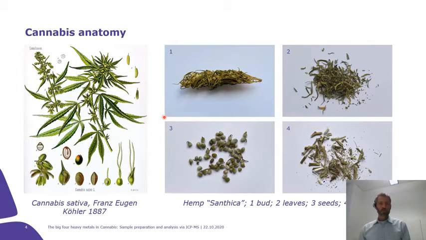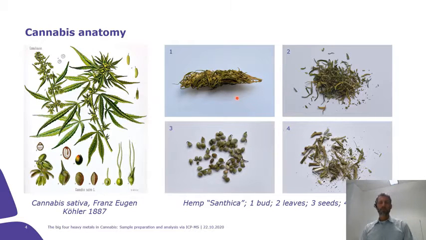And what we set up here is an ICP-MS analysis of these big four heavy metals. On the right-hand side, you can see four images showing a typical hemp bud. In that case, it's cannabis that is purchased from a grocery store. In Germany, this cannabis is sold as tea, so you can make tea out of it.